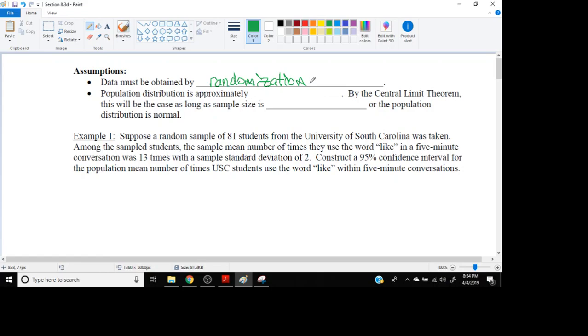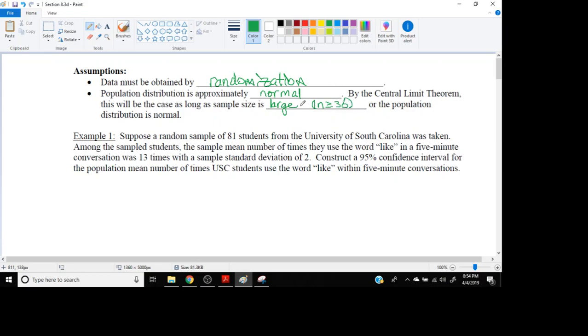Okay. What we also need is that bell-shaped characteristic to go on, right? And so our population distribution should be approximately bell-shaped or normal. Now, by the central limit theorem, this will be the case as long as your sample size is large, right? And when we say large, by way of the central limit theorem, we know that n has to be greater than or equal to 30.